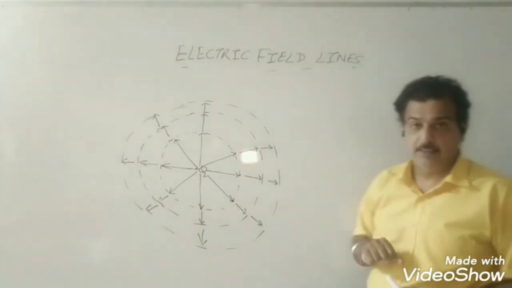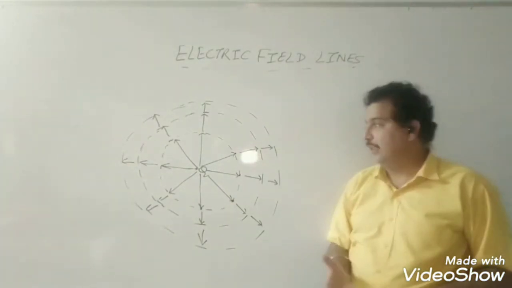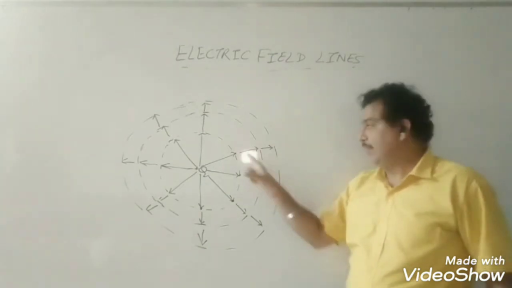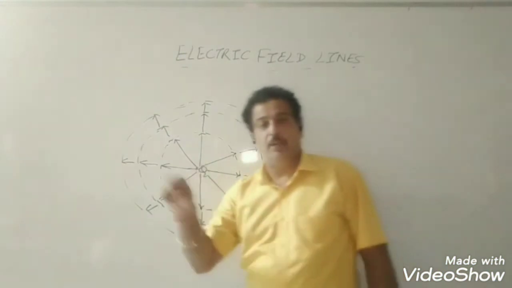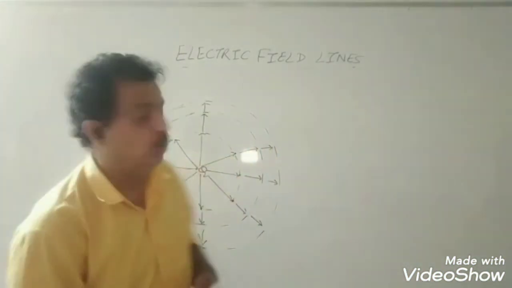Electric field lines. And how do we understand them? The arrow means the head will give the direction where the test charge will move if it is allowed to move freely.